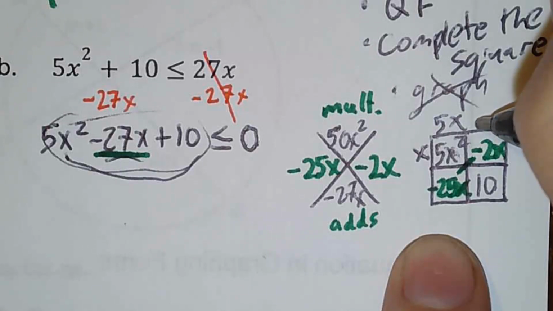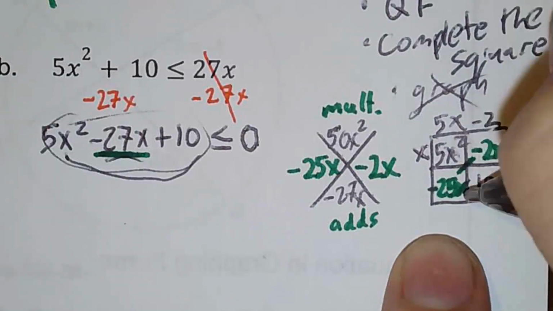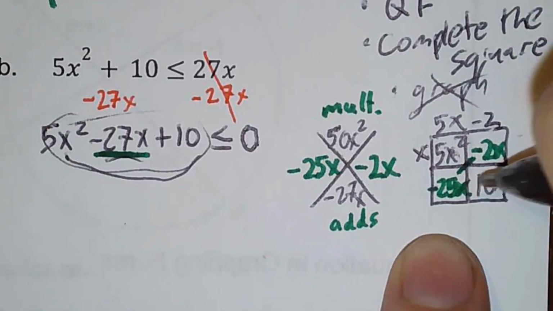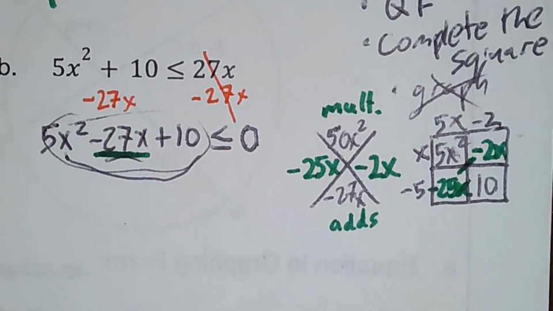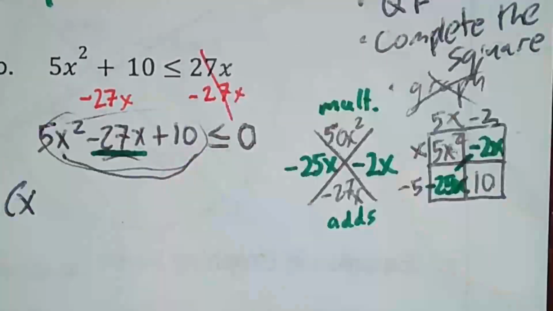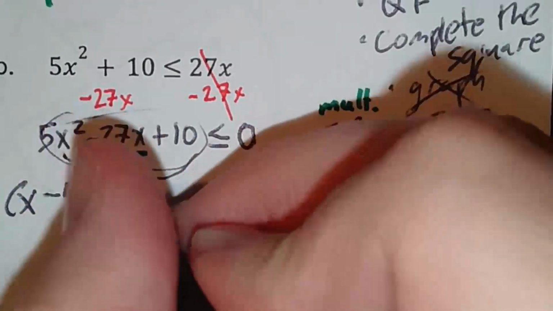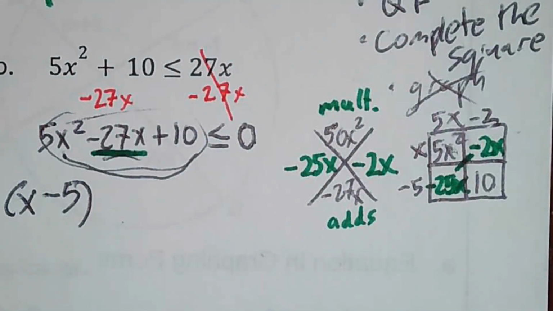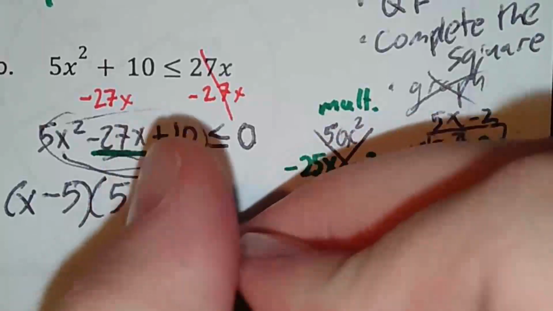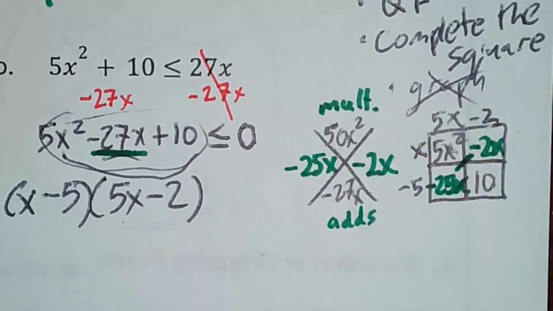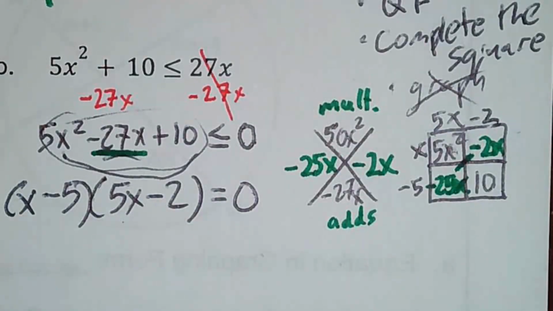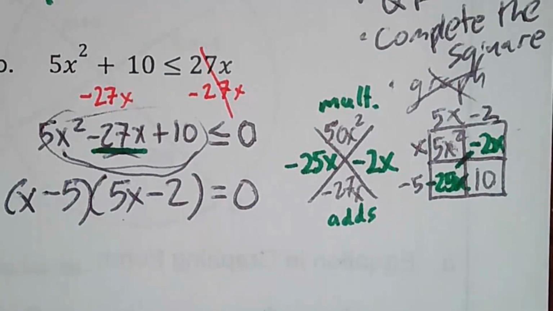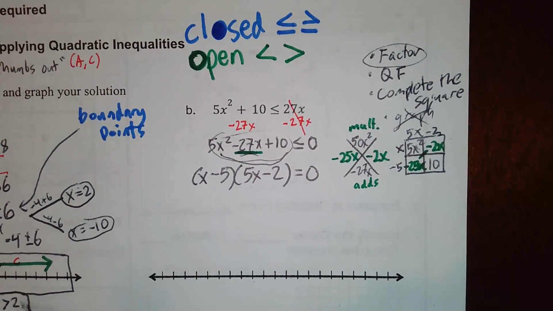This would be negative 2. And this would also be, well, this would be negative 5. So factored version of this will give us x minus 5 and 5x minus 2. And I'll just say equals 0, because realistically all we're trying to do is find out our boundary points.